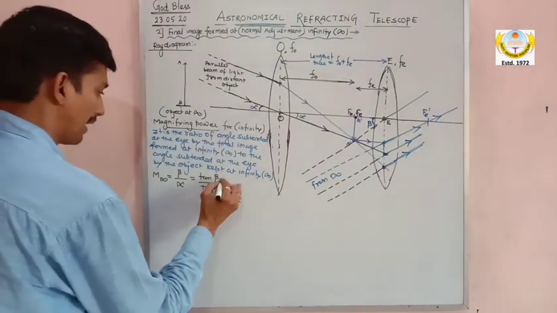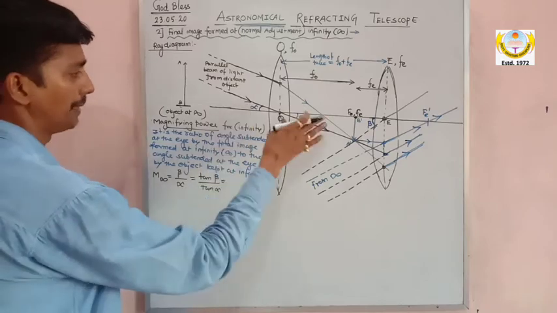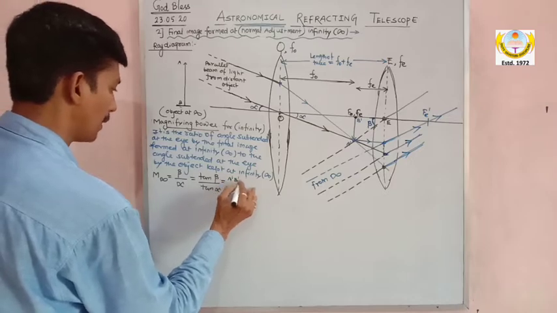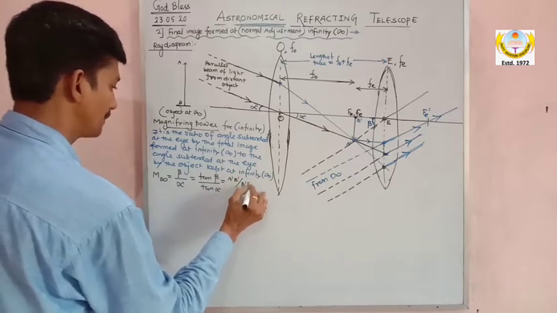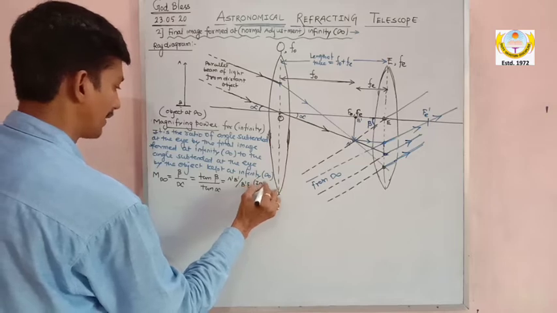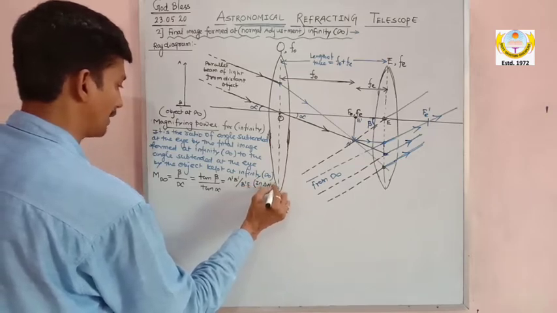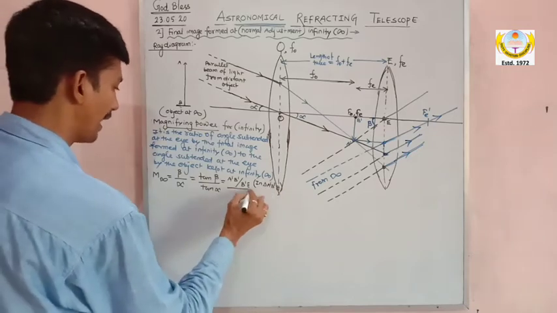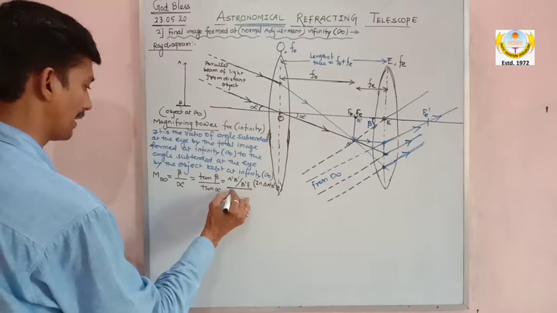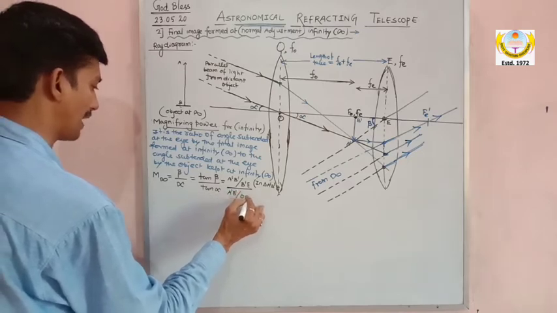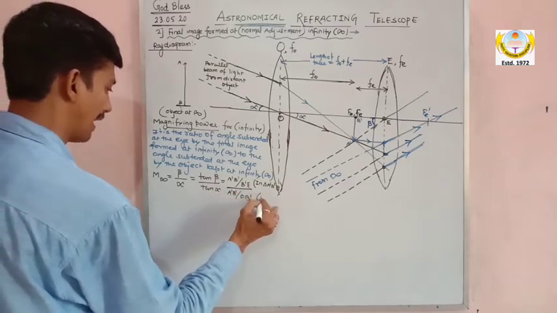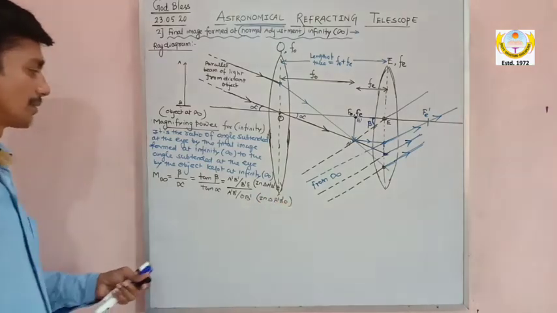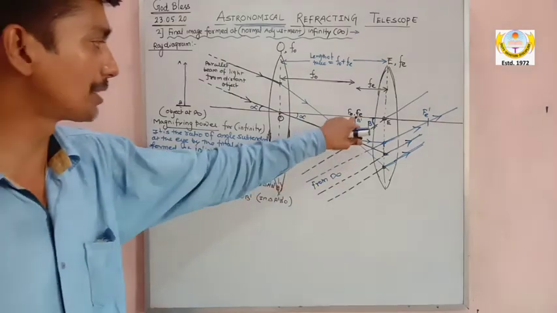Now my dear, tan beta, you can see in the figure, tan beta can be written as A dash B dash upon B dash E in triangle A dash B dash E, and tan alpha is nothing but A dash B dash upon OB dash, that is in triangle A dash B dash O.